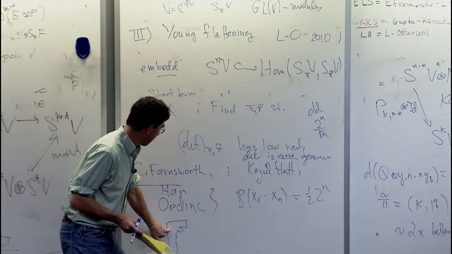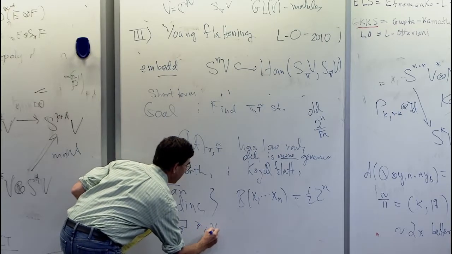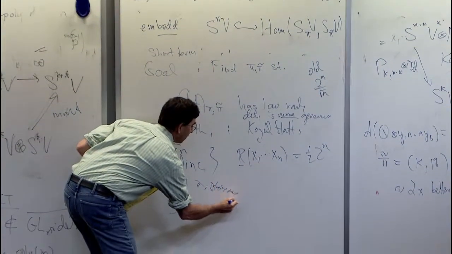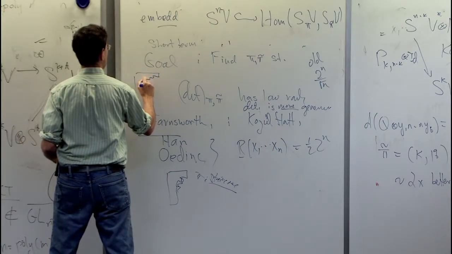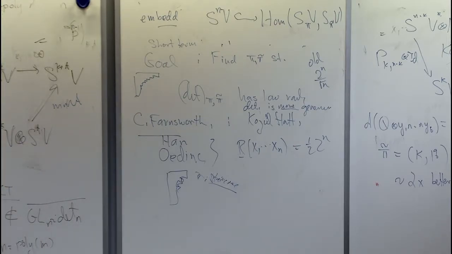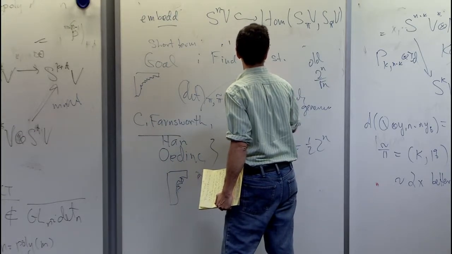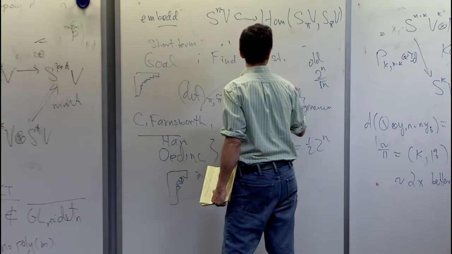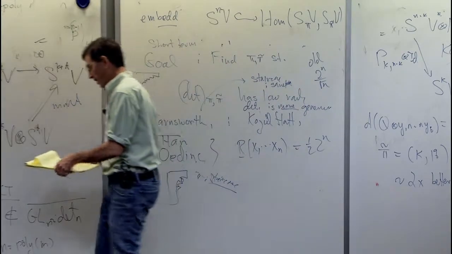They used the staircase. This is pi, the staircase partition. What is it? A minus 1, A minus 2, and so on. Okay, exactly. I can't draw it so well. And then Farnsworth tried the staircase, and you got the same phenomenon as with the Koszul for the determinant.